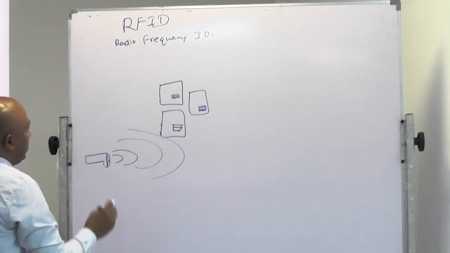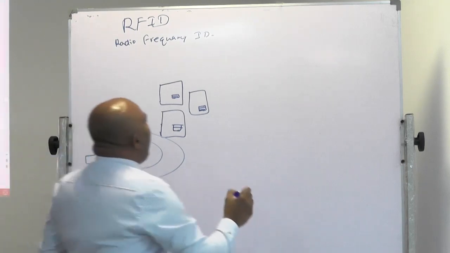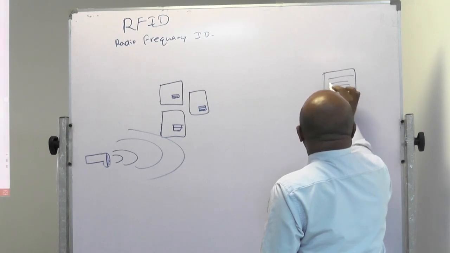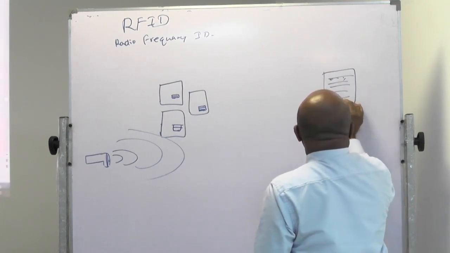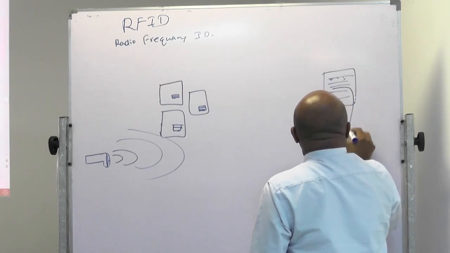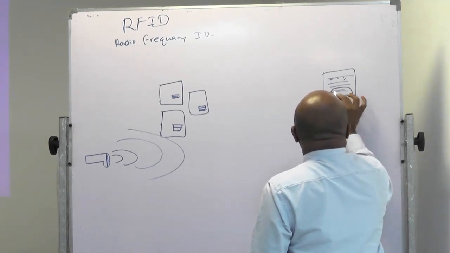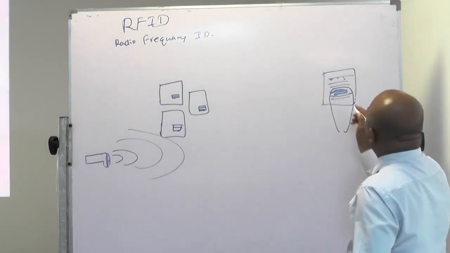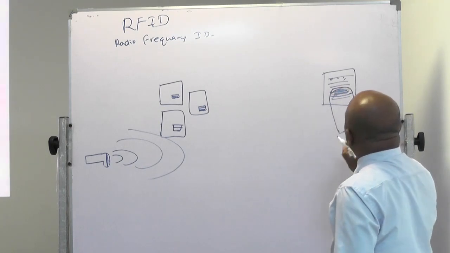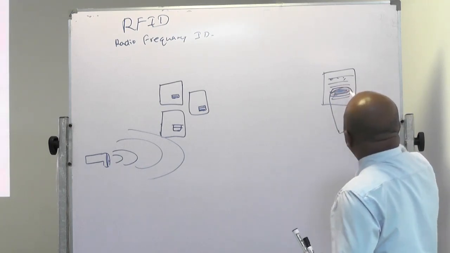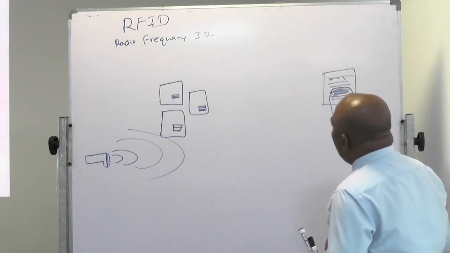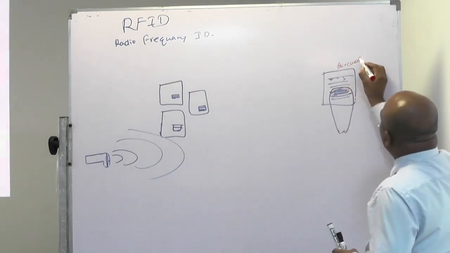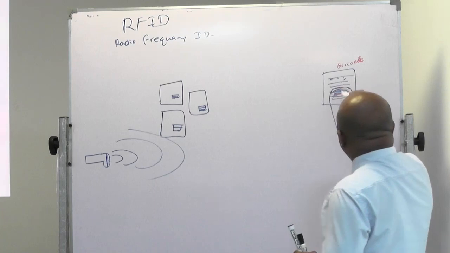A normal barcode reader has the details, so you have to place the barcode reader against this barcode, and then the details can be fetched.